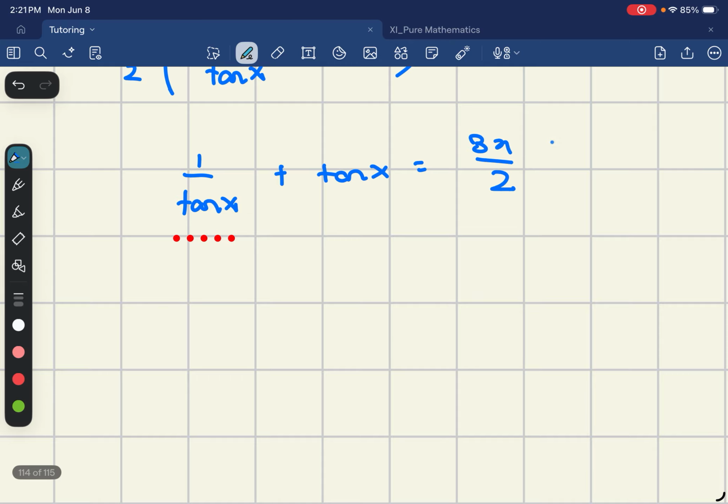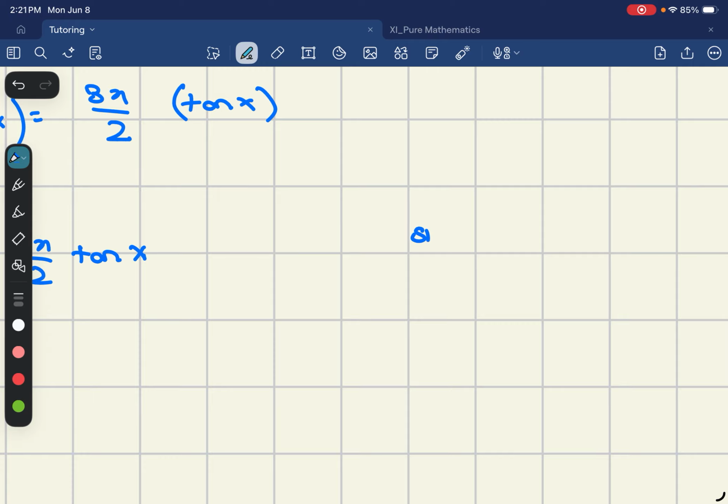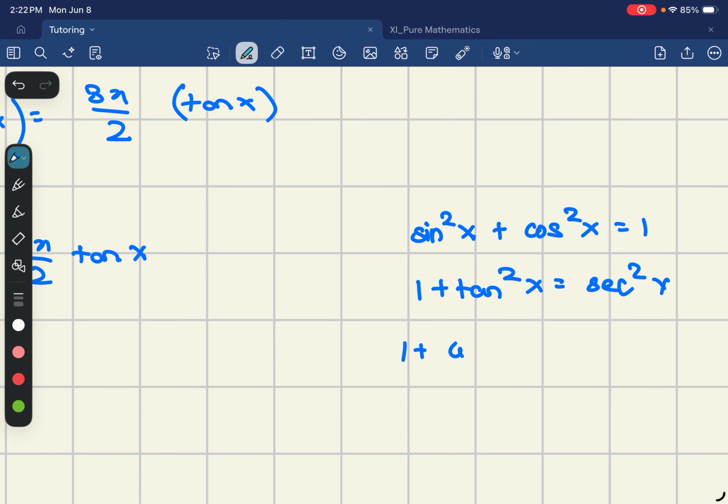So now let me multiply by tan x on both sides. If I do so, I'm going to get 1 plus tan squared x is equal to 3 pi over 2 tan x. And if you remember your Pythagorean identities, sine squared x plus cos squared x is equal to 1. 1 plus tan squared x is going to be secant squared x, and 1 plus cotangent squared x is cosecant squared x.